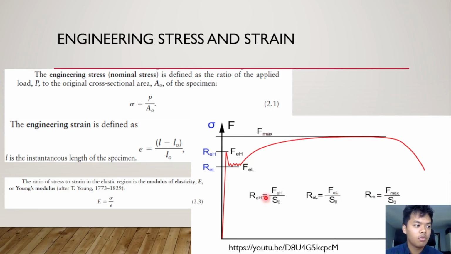We're going to convert the data we obtain here using these formulas to obtain an engineering stress-strain curve. We'll dive deeper into that in a bit, but first let me explain Young's modulus, or the modulus of elasticity. We get this from dividing stress by strain.